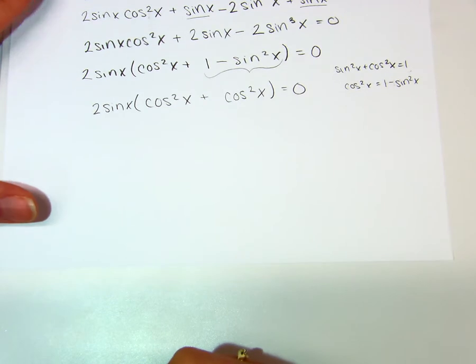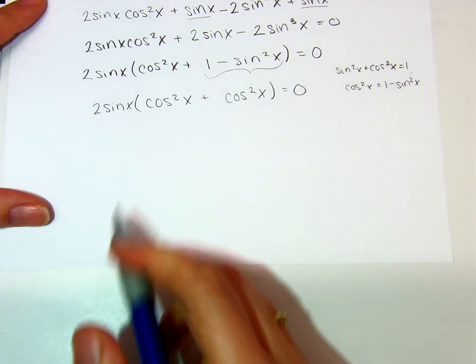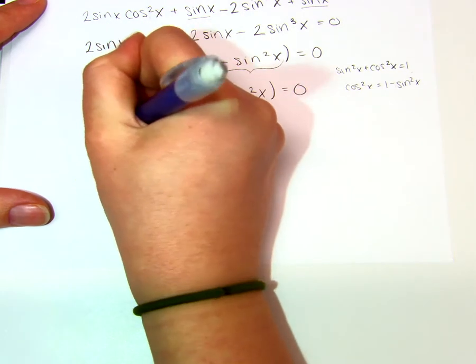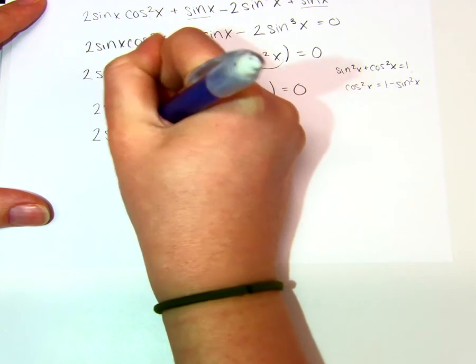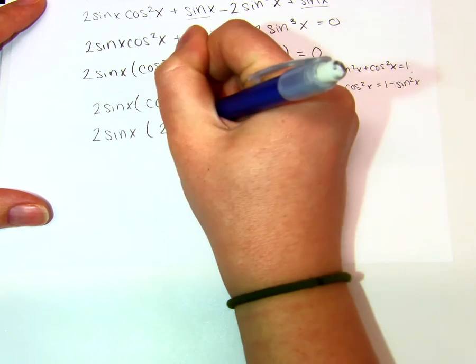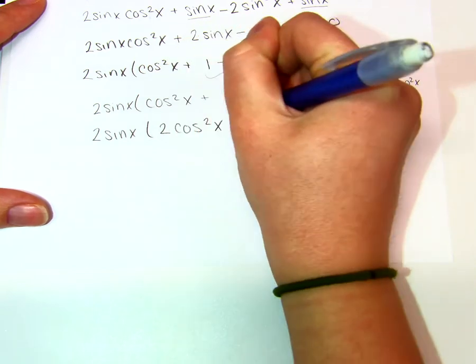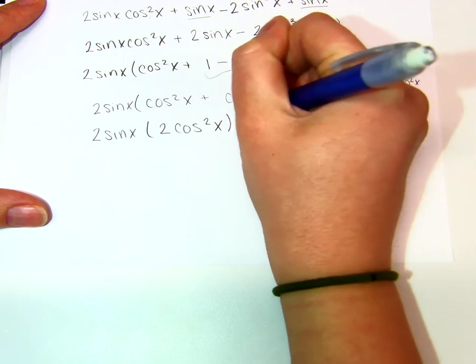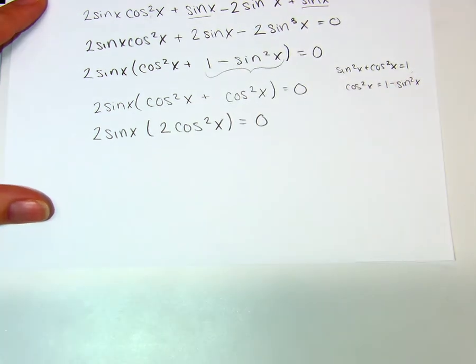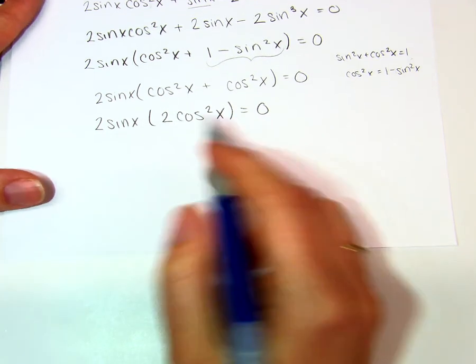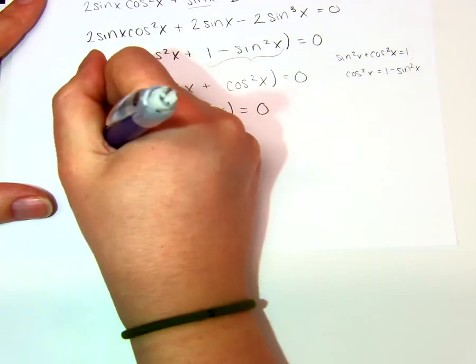We're getting closer. We're not quite there yet. So if I have cosine squared x plus cosine squared x, I have 2 cosine squared x. So 2 sine x is going to multiply by 2 cosine squared x equals 0. So now I can set both factors equal to 0.